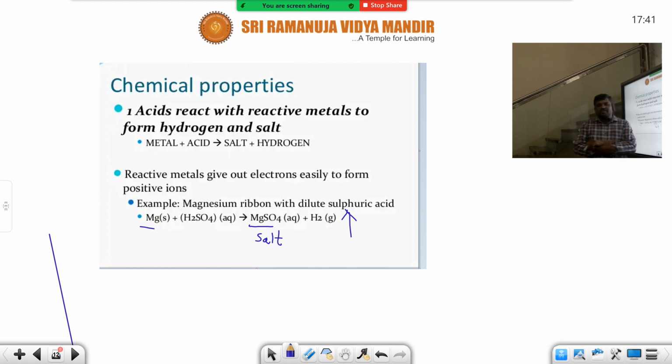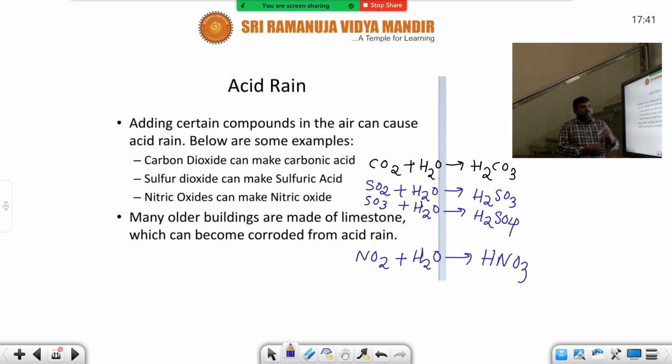Metals react with oxygen to form metal oxides. Non-metals react with oxygen to form non-metal oxides. A non-metal oxide combined with water forms the corresponding acid. Previous concept: carbon dioxide, a non-metal oxide, reacts with H2O to form carbonic acid.